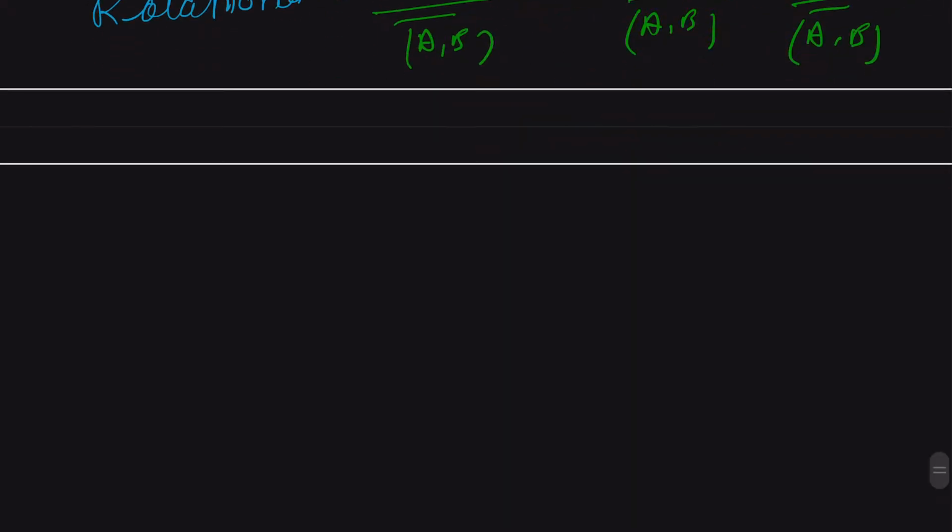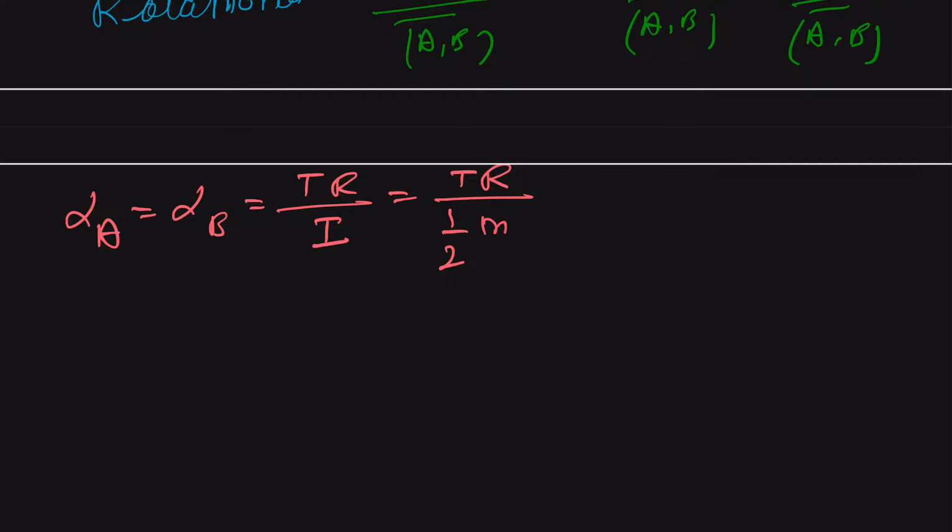Therefore, we can write that alpha of A is equal to alpha of B, and that will be equal to tension multiplied by radius over moment of inertia, which gives us T times R over half m r square, and the square goes by this R, and it comes as 2T divided by m times r.